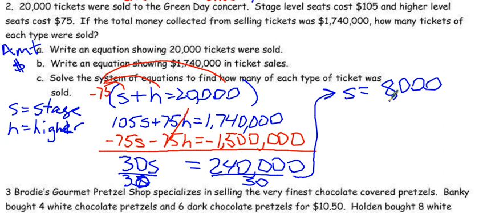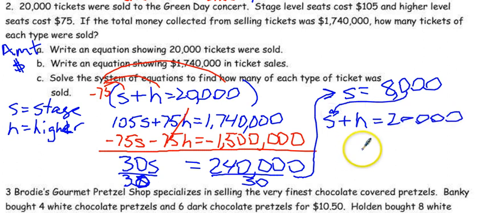S represents stage level, so there are 8,000 stage level tickets sold. And to find the higher level, we know that together they equal 20,000. So if I plug 8,000 in there, then H would definitely have to be 12,000. Everybody okay with that? 12 plus 8 gives us the 20,000.